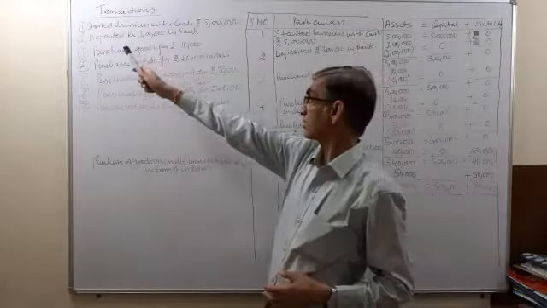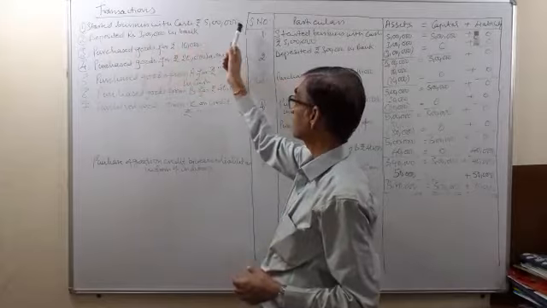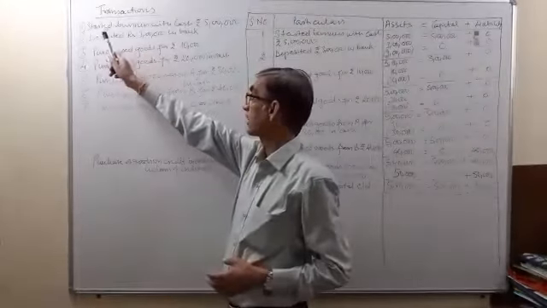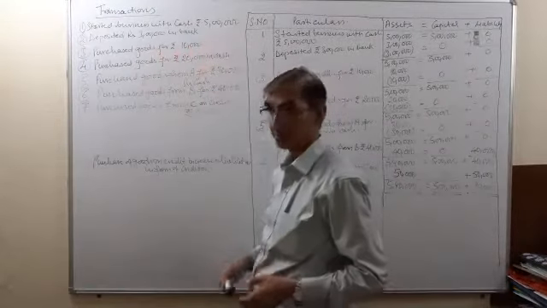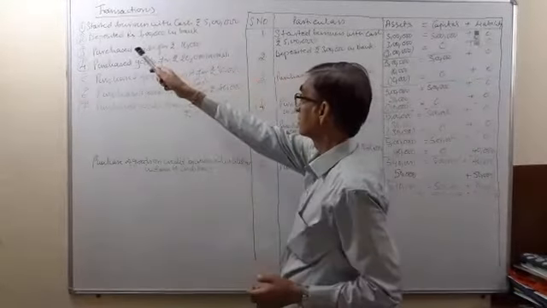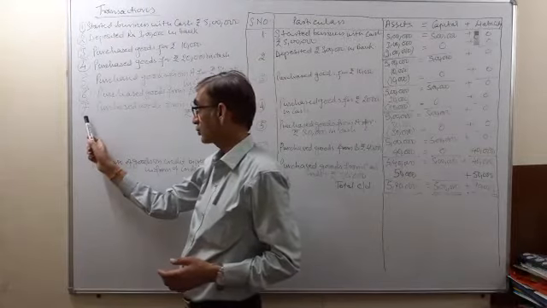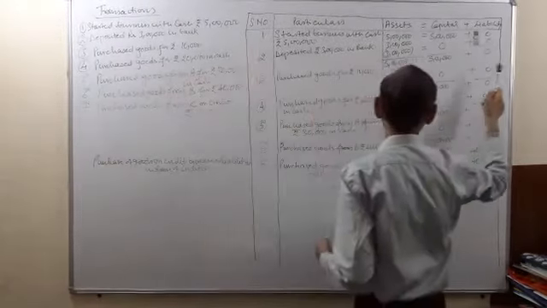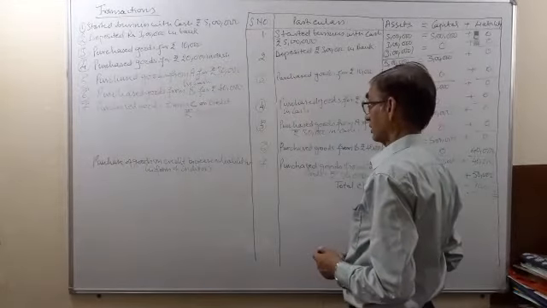So the first transaction is started business with cash rupees 5 lakh. It can also be written as capital invested rupees 5 lakhs, whatever is the statement that is given. This is the question that you have in your question paper or in your book, and here is the answer to it, the solution to this particular transaction.